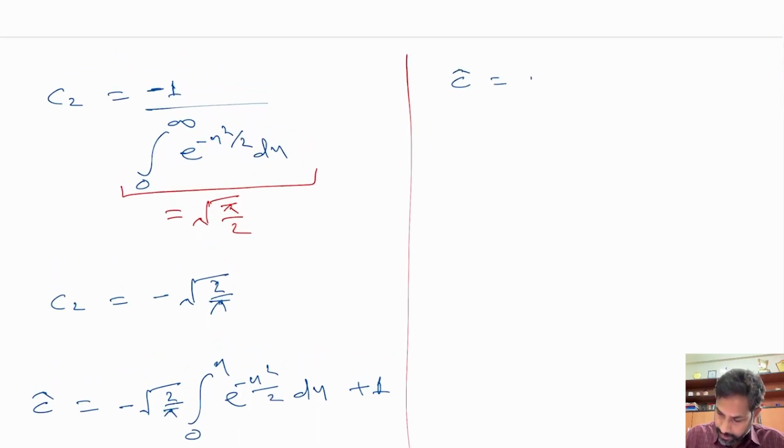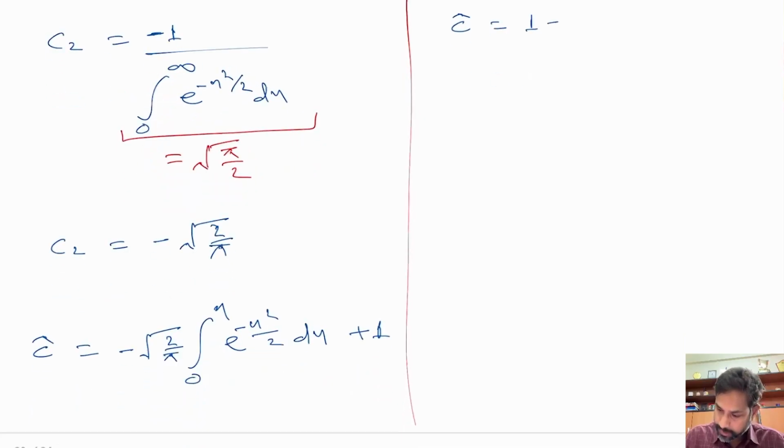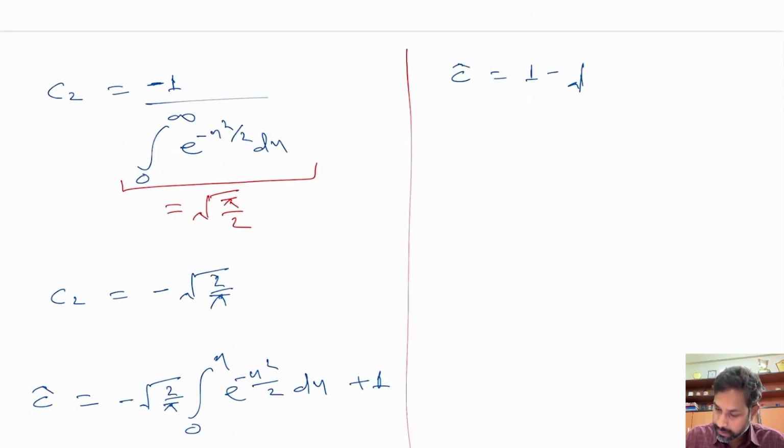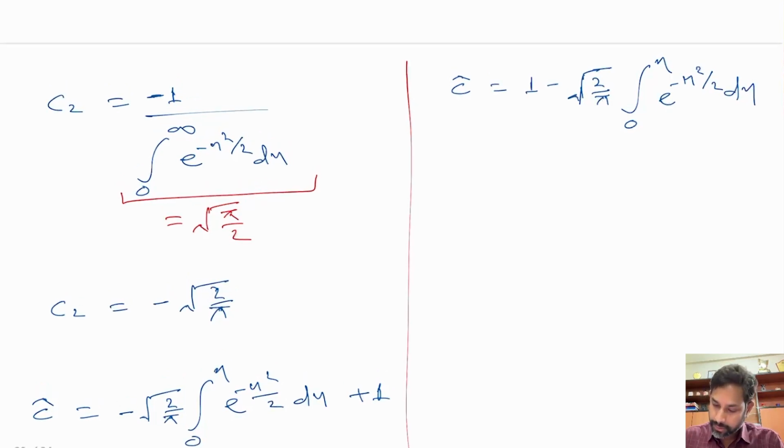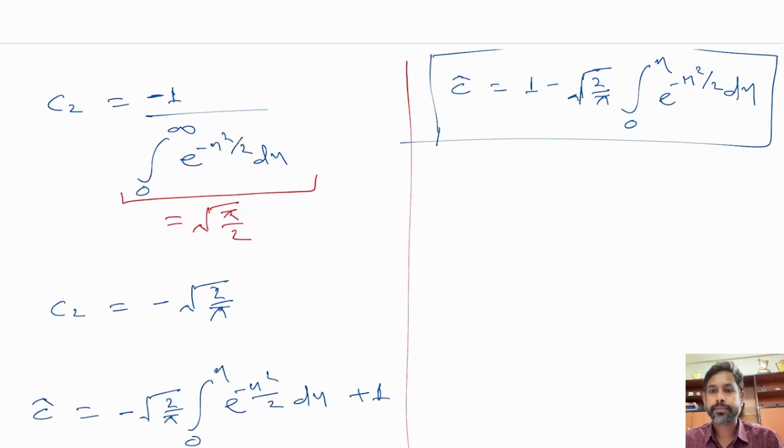Let's write this as 1 minus the square root of 2 over pi times the integral from 0 to eta of e to the power minus eta square by 2 d eta. This is the solution we get for the dimensionless concentration with respect to eta.